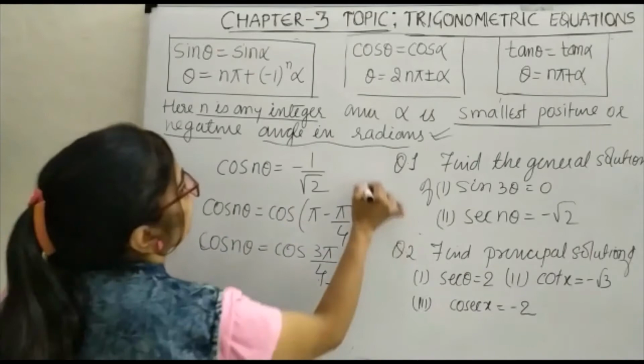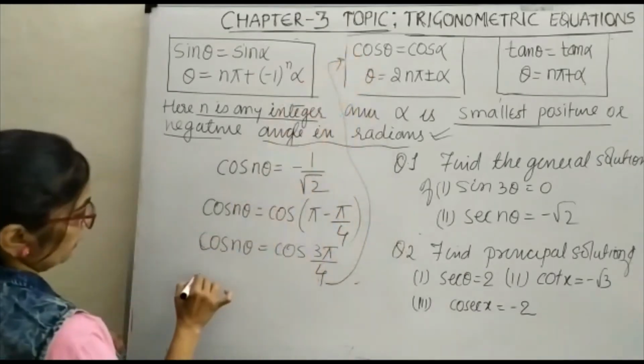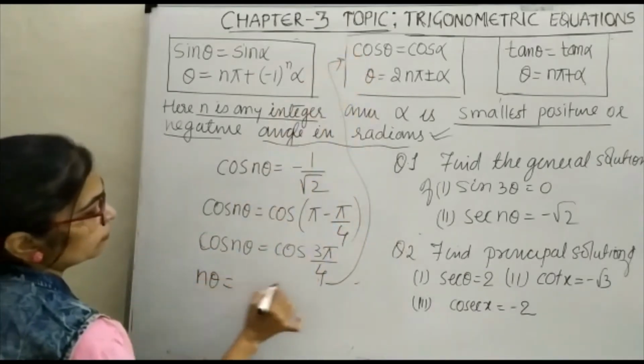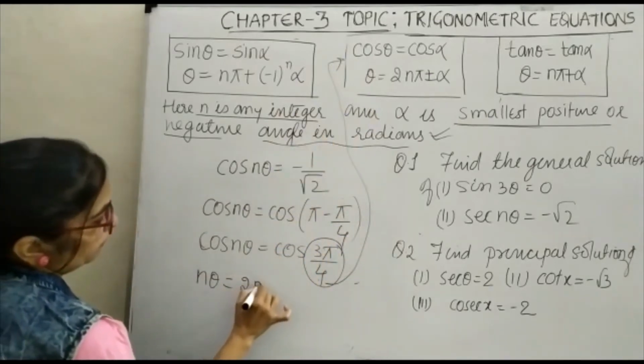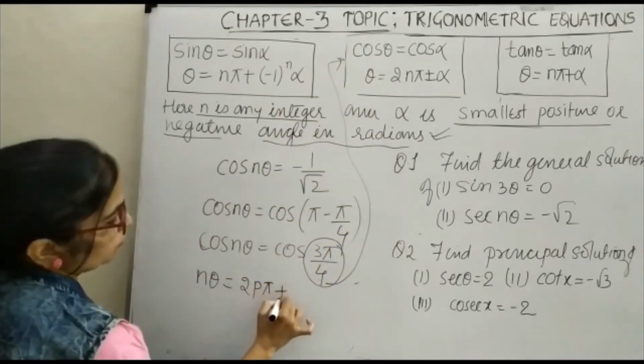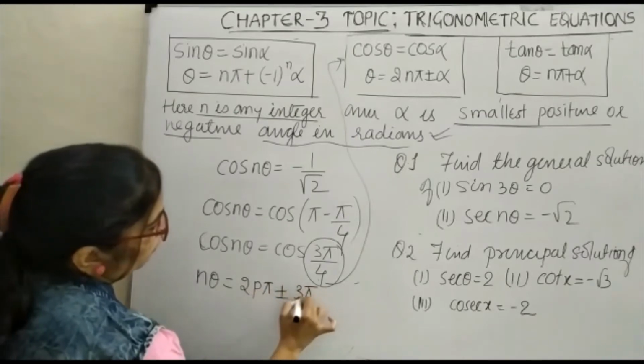We'll use this formula. You can see here n theta is equal to, ये आपका अल्फा हो जाएगा, that is 2p pi प्लस और माइनस 3 पाई अपॉन 4.